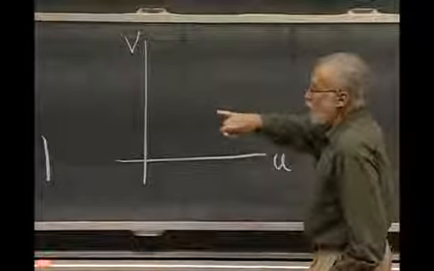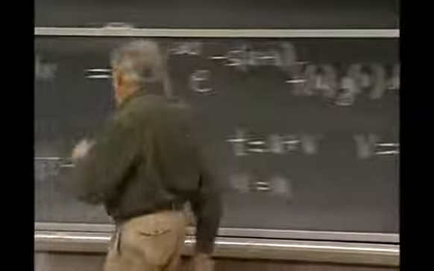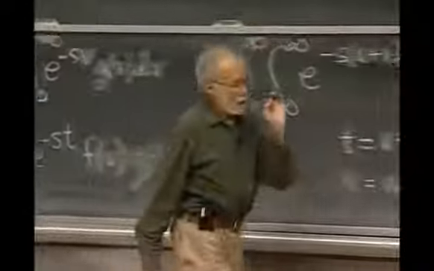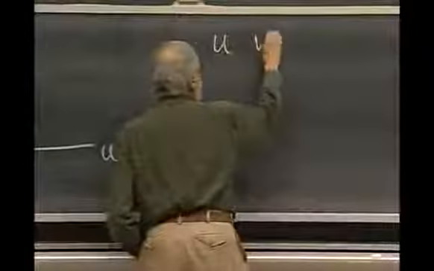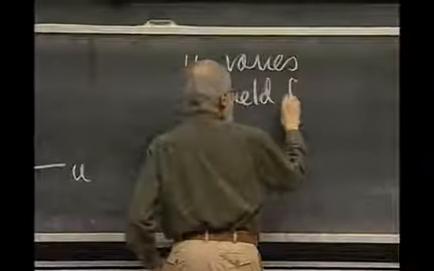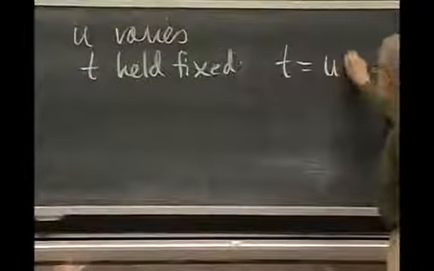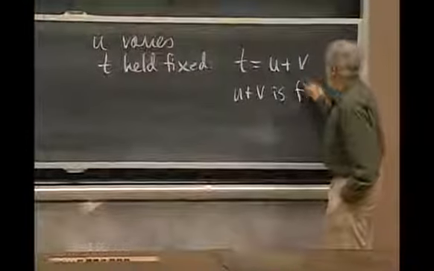So when you do the integral, the first step is u is varying and t is held fixed. So in the first integration, u varies, t is held fixed. Now what does holding t fixed in this picture mean? Well, t is equal to u plus v, so u plus v is a constant.